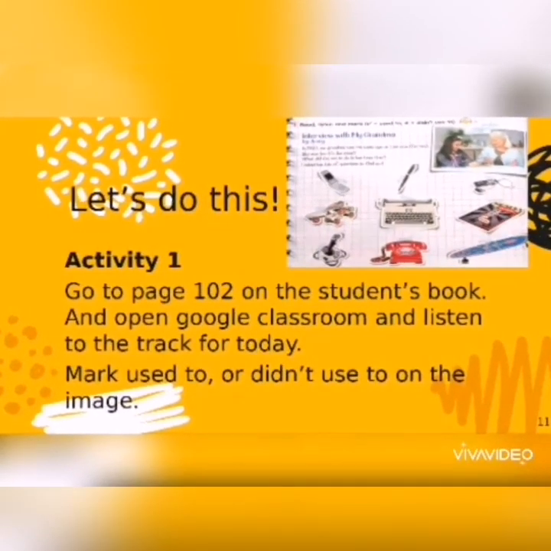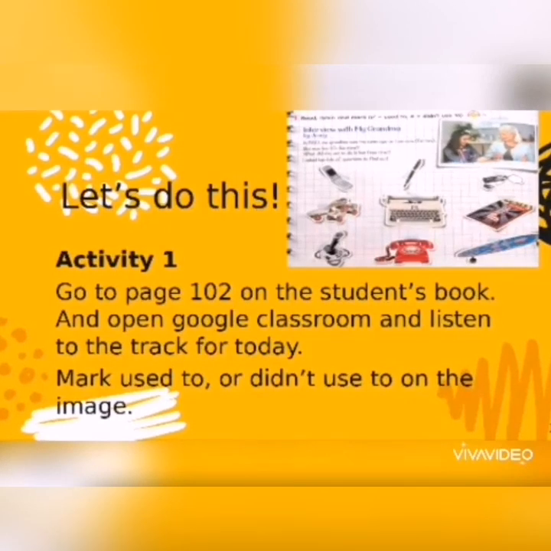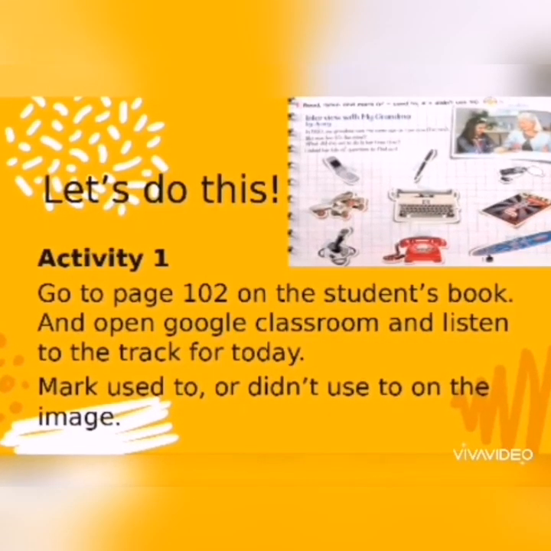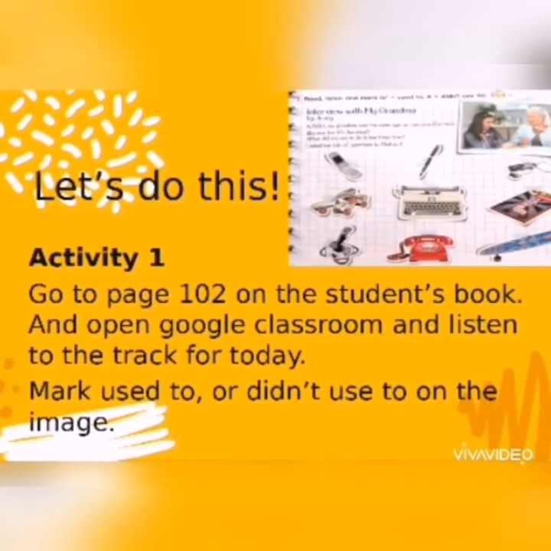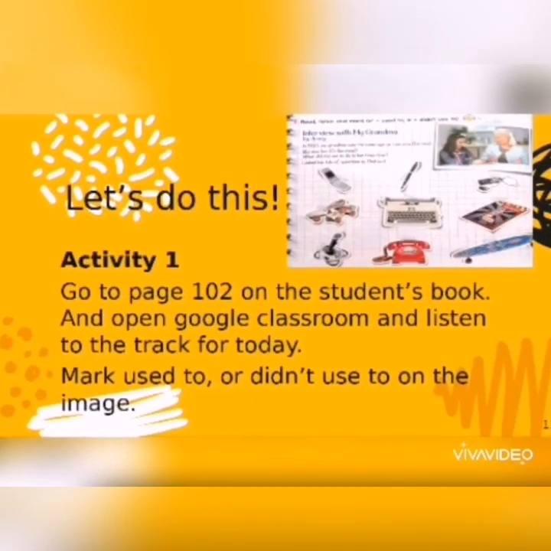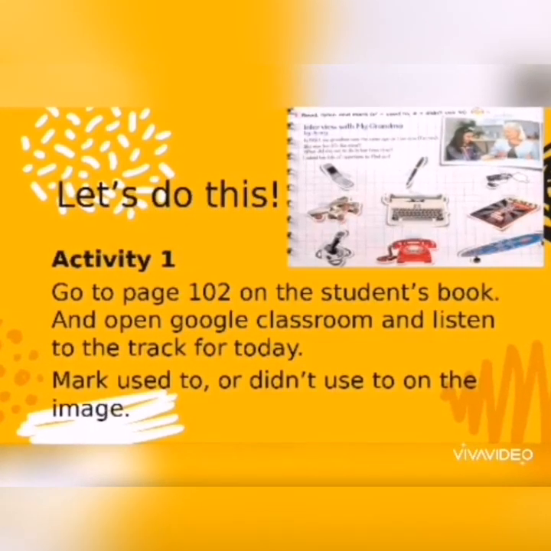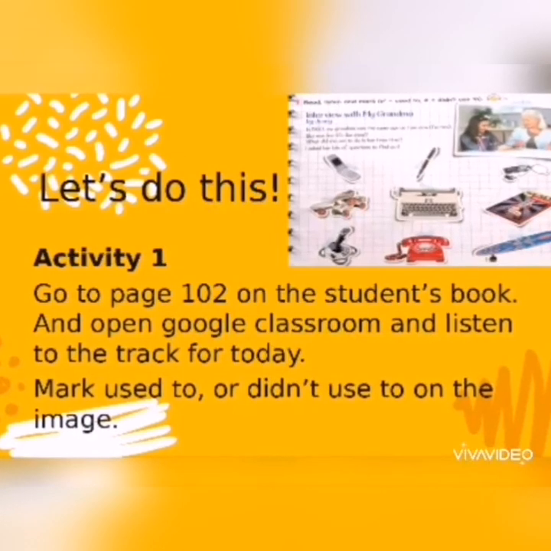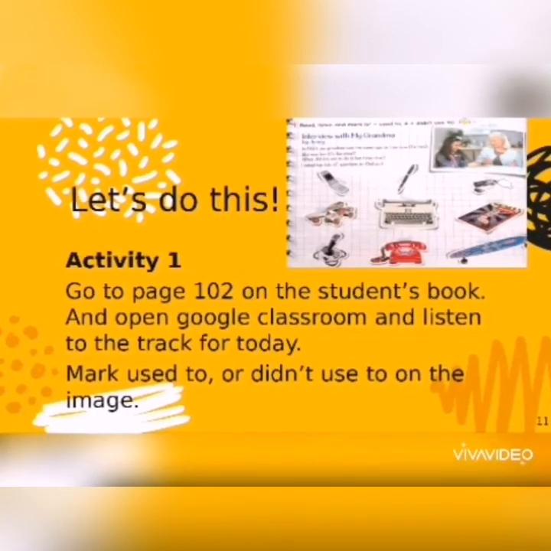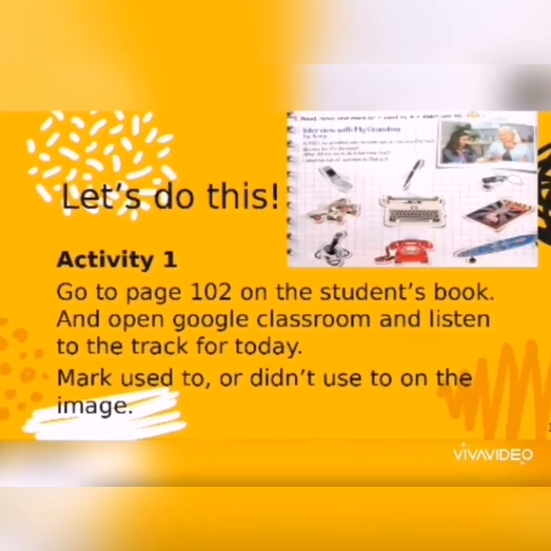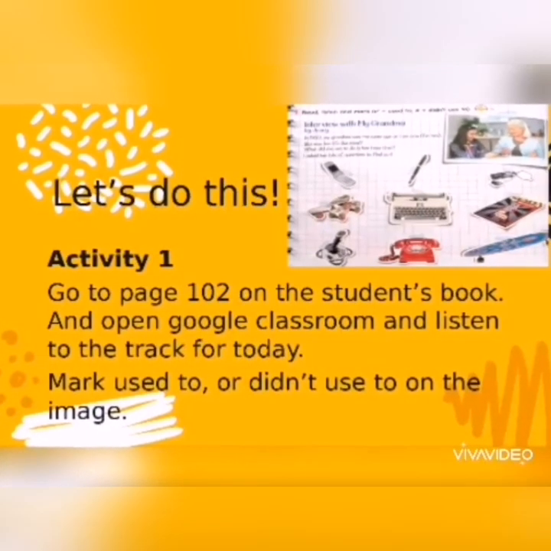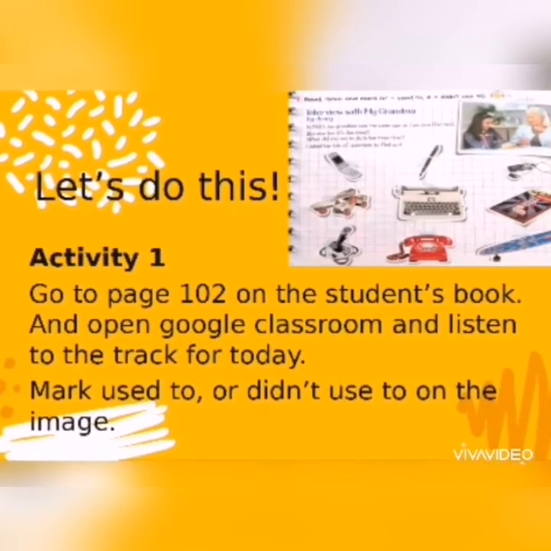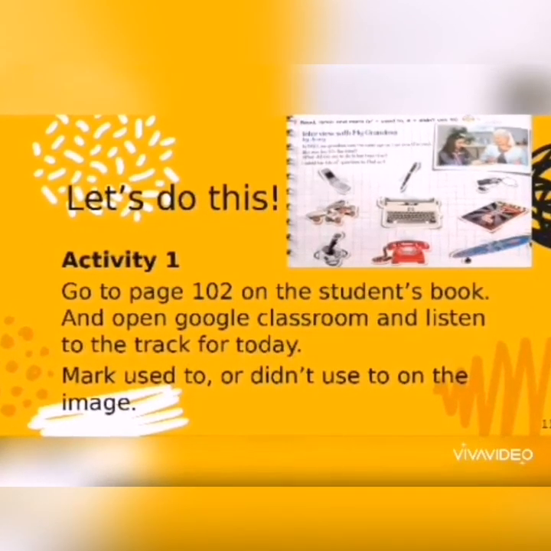Are you ready for the interview, Grandma? Yes, I am. But don't ask any difficult questions. Don't worry, I won't. Okay, when you were a girl, did you used to play computer games? No, I didn't. Nobody had computers back then. No computers? So how did you do your homework? I used to do it with a pen in my notebook, or sometimes used to do it on a typewriter.